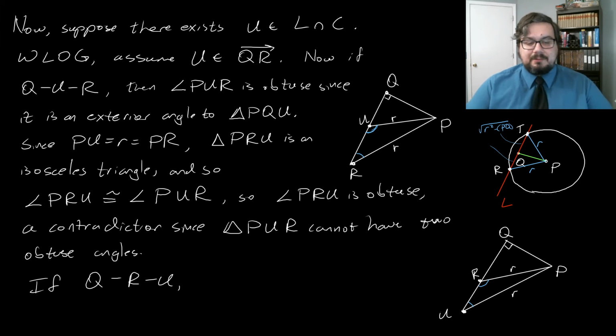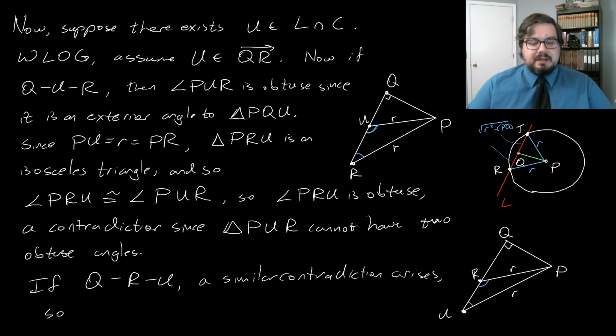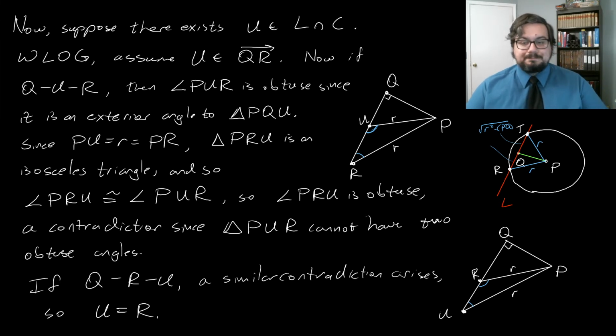So we'll just say if QRU, a similar contradiction arises, that means that we can't have that R is between Q and U, we can't have that U is between Q and R, and so the only thing that's left is for U to actually equal R.